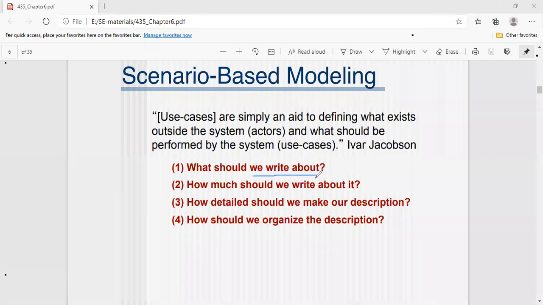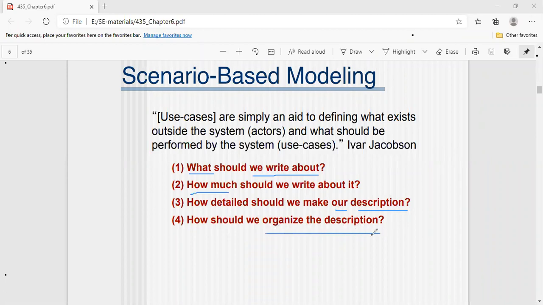Second, how much should we write about it? Third, how detailed should we make our description? Fourth, how should we organize the description?